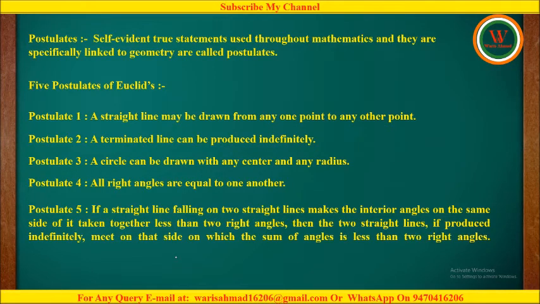It means that suppose we are having two straight lines. Suppose this is the very first line and this is the second line, and one straight line is falling on these two straight lines.